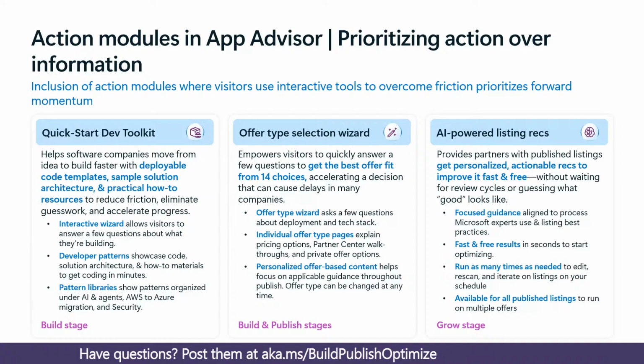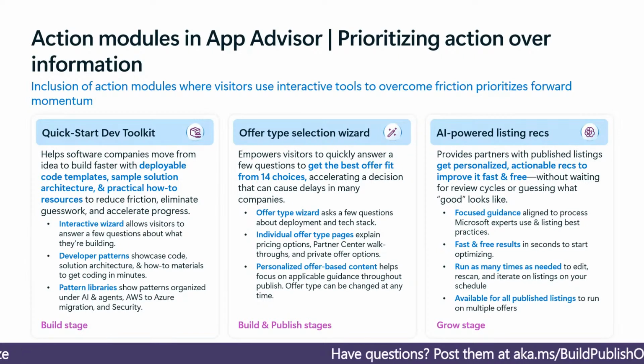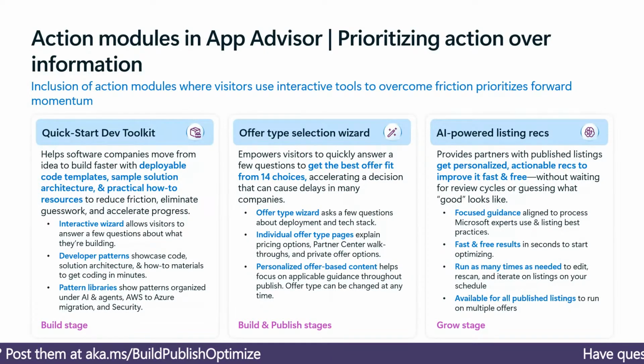We just embedded the Quick Start Development Toolkit directly in AppAdvisor yesterday, brand new, hot off the presses. So now you can answer a few questions about your app project and get connected to deployable code templates, reference solution architectures, and how-to resources specific to what you're building.